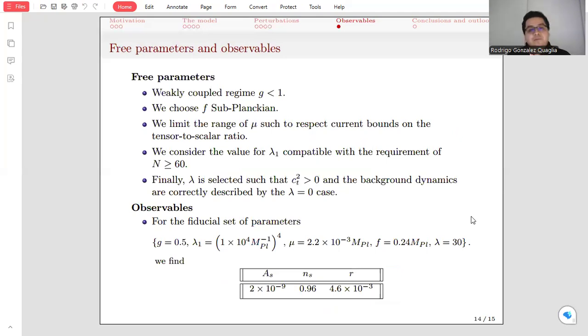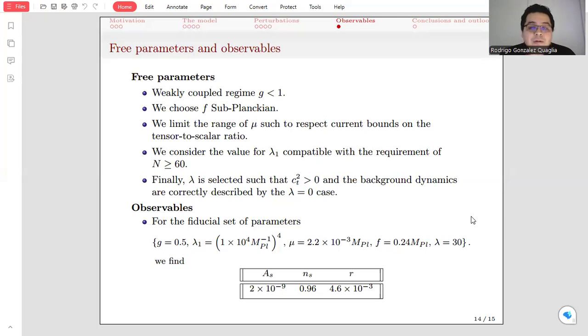Finally, let me just say a few words on how we choose the parameters of the model, and let me just finish with the observables that we encounter. We stick to the weakly coupled regime of the gauge fields. This means considering g to be less than 1. As we mentioned in the beginning, we are trying to reconcile natural inflation with sub-Planckian values of f, the decay constant, so we choose f to be sub-Planckian. We choose mu, which is the scale of the potential, such that it respects the bounds on the tensor to scalar ratio.